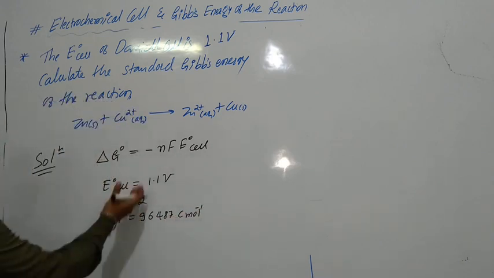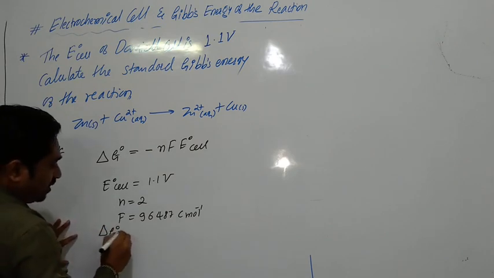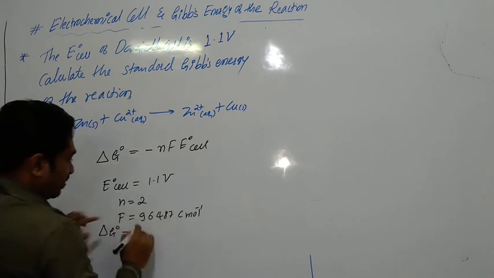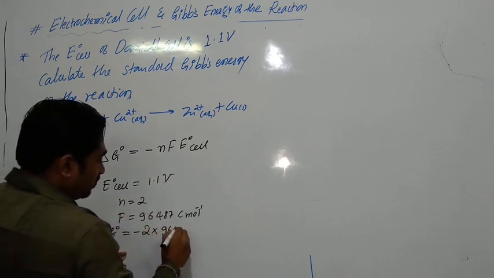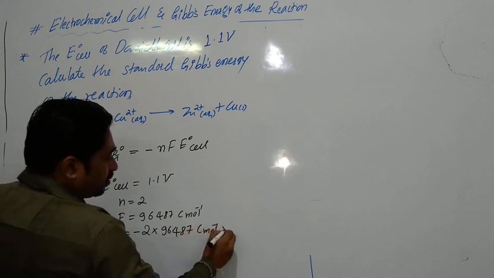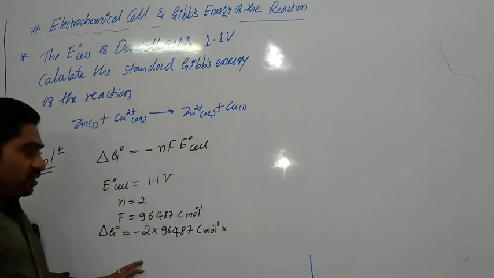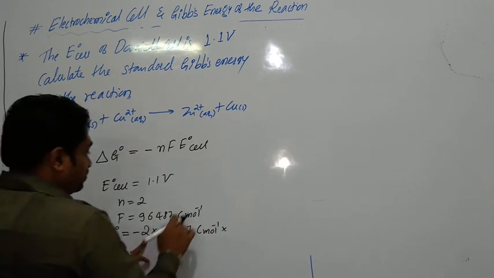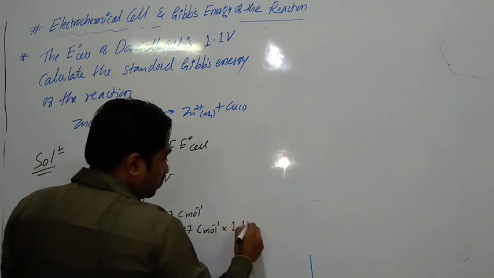Now all the data are given, so directly we can calculate. Delta G0 is equal to minus n, that is 2, into F, that is 96,487 coulombs per mole, and have a practice to write units with the quantities, and E0 cell is equal to 1.1 volt.